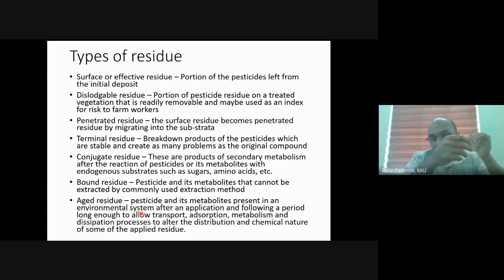You can imagine if you enter a rice field, your body will come into contact with the leaf tissue on which the pesticide was sprayed half an hour or 1 hour before, and since it was not absorbed into the plant tissue, it will be easily removable and your body will get contaminated. So that portion of residue which is easily removable from a treated surface is called dislodgeable residue, and this is the portion of residue which poses a risk to farm workers, because these are the persons who get easily contaminated with dislodgeable residue.